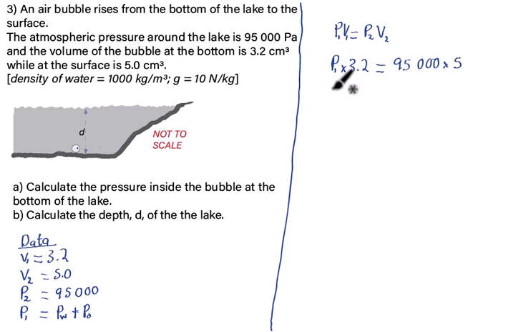So we have 3.2 P1 is equal to 95,000 times 5, which is 475,000. After this step, what do we do?